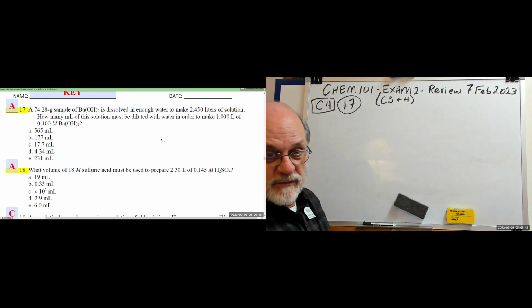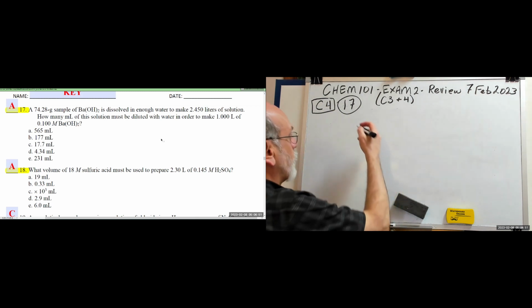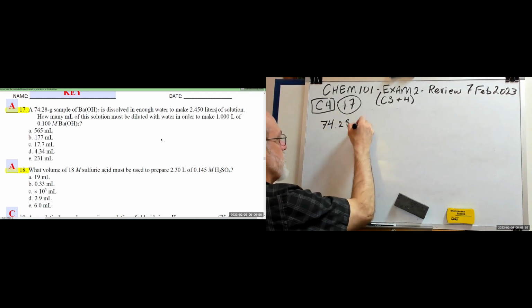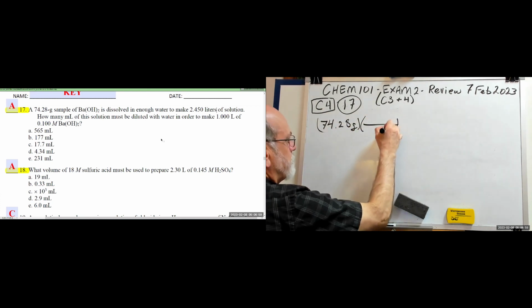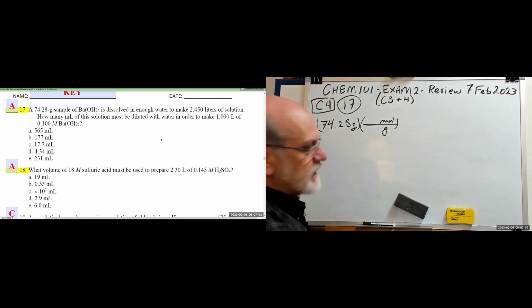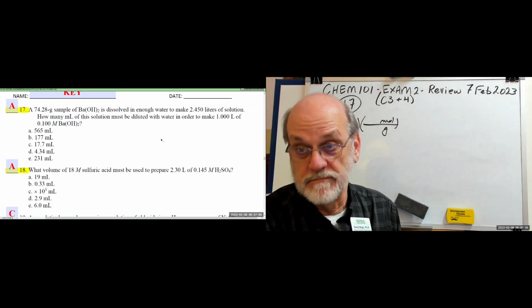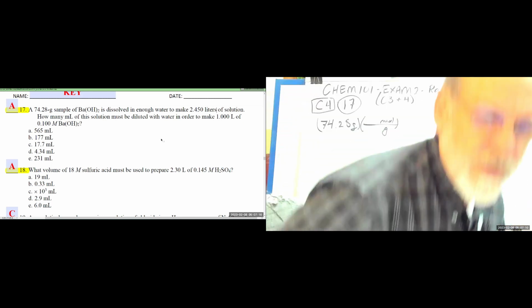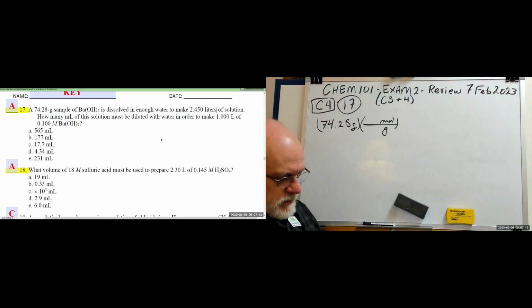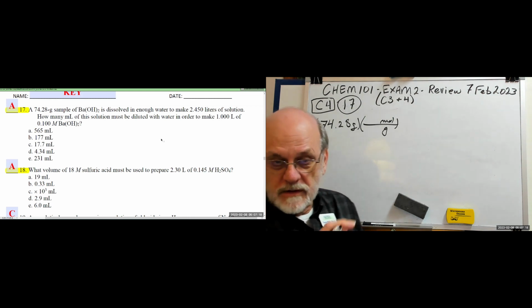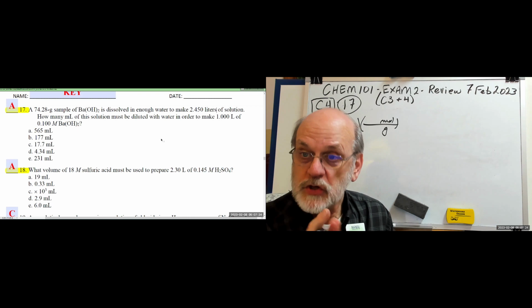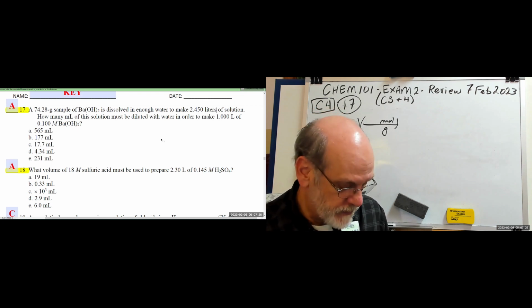Well, we're going to need the molar mass of barium hydroxide to convert 74.28 grams into moles. So barium hydroxide. Barium is a big atom. It's 137.33. And notice that the hydroxyl is inside of parentheses with a 2 subscript. So we have 2 oxygens. 16 times 2 is 32.